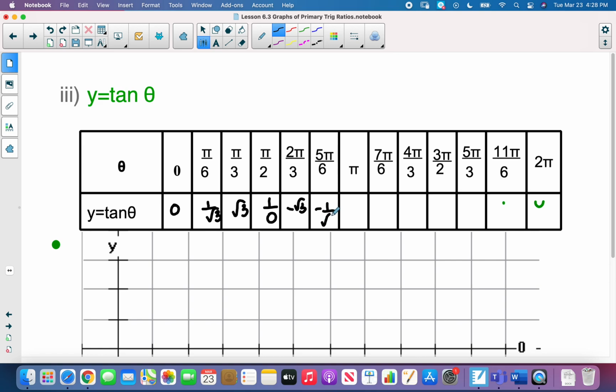Negative 1 over root 3, 0. And then you go back again to 1 over root 3. This is now the third quadrant where tan is positive, then root 3. And then again we hit undefined. Then we go back to root 3, but it's negative because now we're in the fourth quadrant. Negative 1 over root 3, and then finally back at 0.